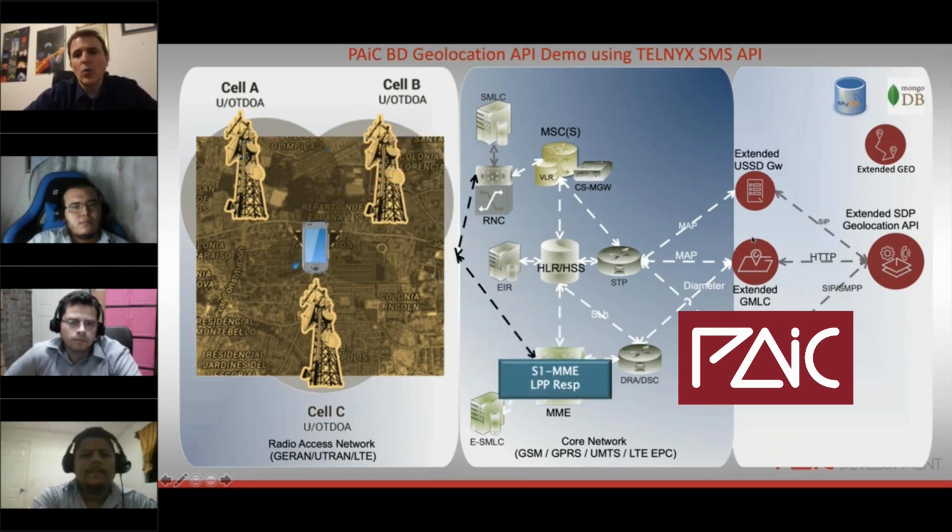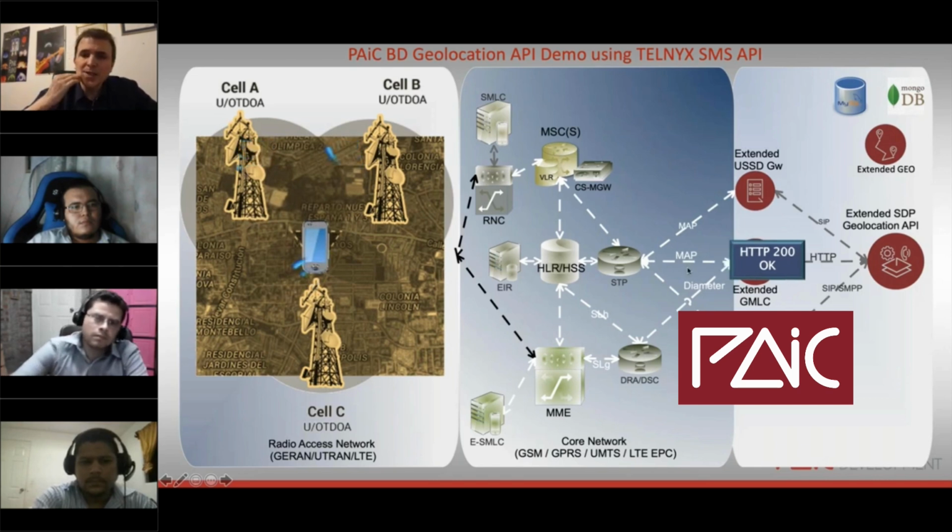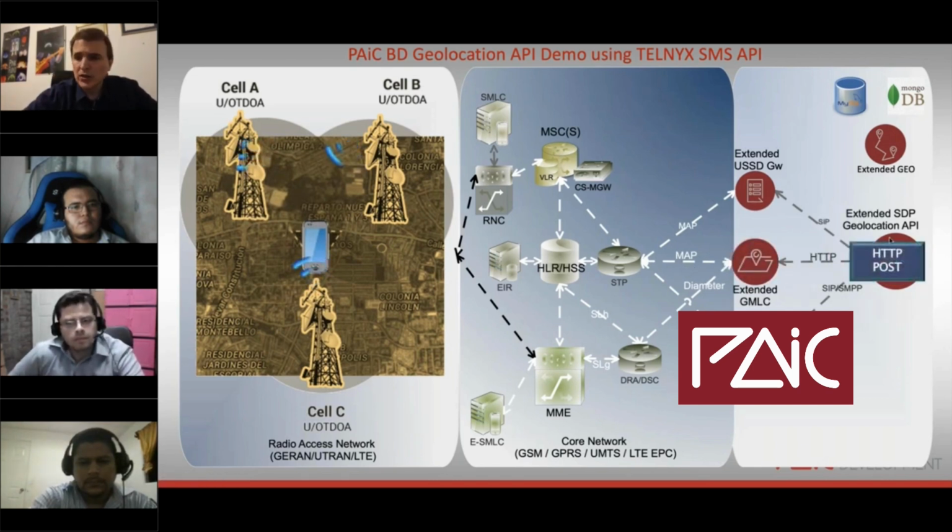Once we get the Provide Location Answer from the MME, the extended GMLC will deliver the location information to the extended SDP, and the extended SDP will send it to Geo.